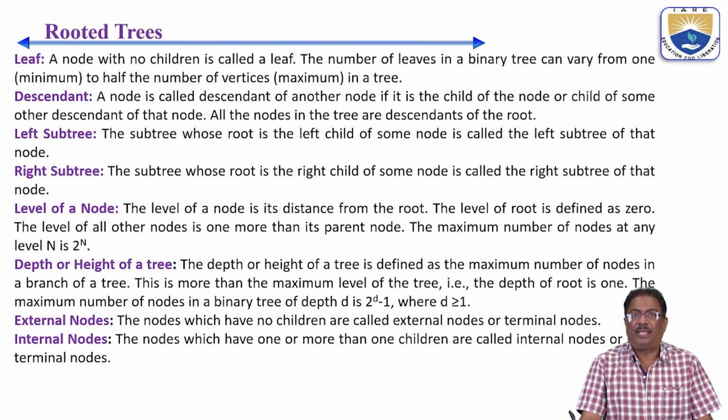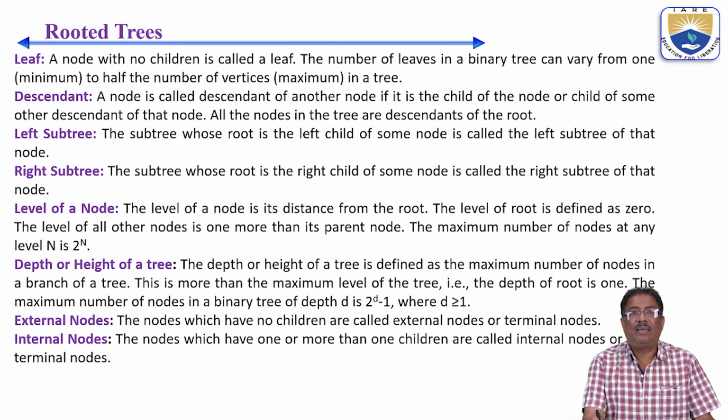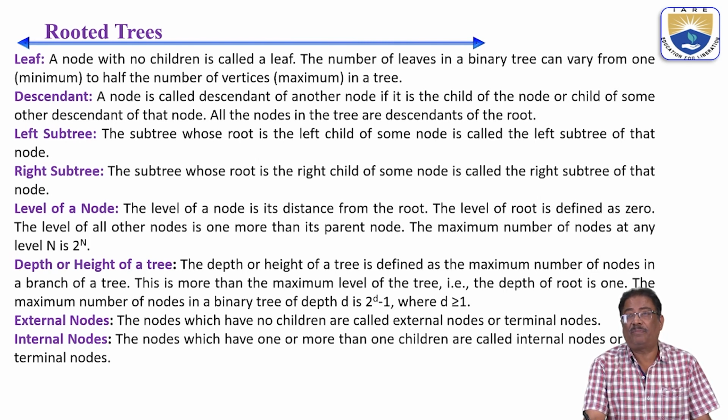Right subtree: the subtree whose root is the right child of some node is called the right subtree of the node. And levels: the level of a node is the distance from the root. The level of the root is defined as 0. The level of other nodes is 1 more than its parent node.